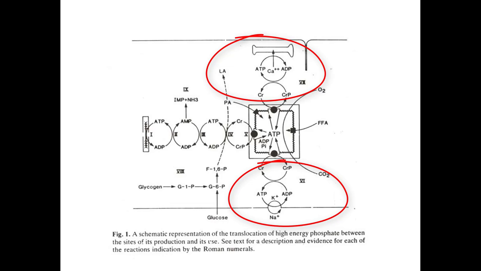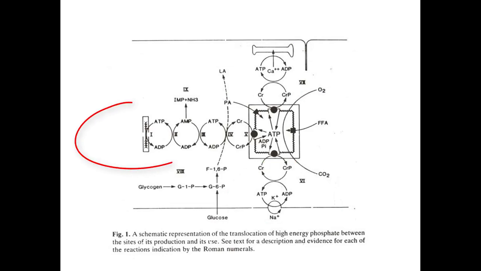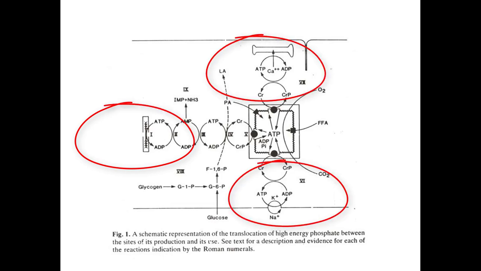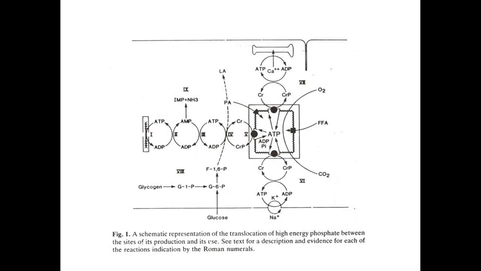So at rest, we need the sodium potassium pump to get a resting membrane potential. To activate it, we need ATP, right? So during muscle contraction, we need ATP. Even for relaxation, we need ATP, right? So which one has the responsibility? It is mitochondria. So how do mitochondria resynthesize ATP? They need oxygen. Does that make sense? So how can we get oxygen?